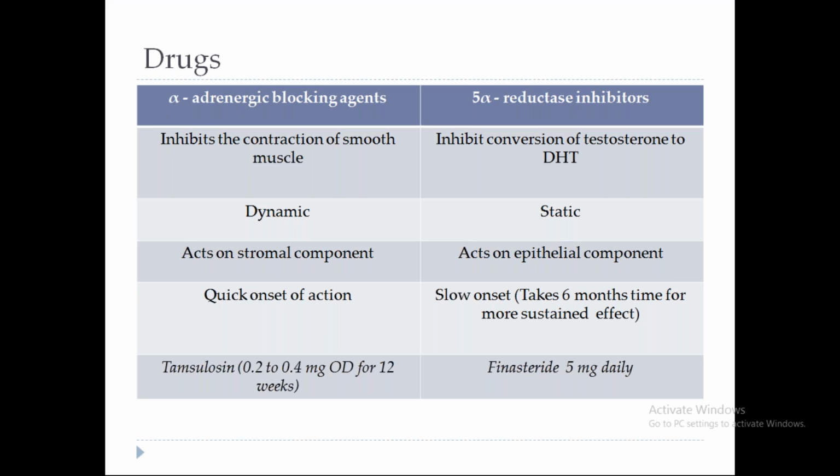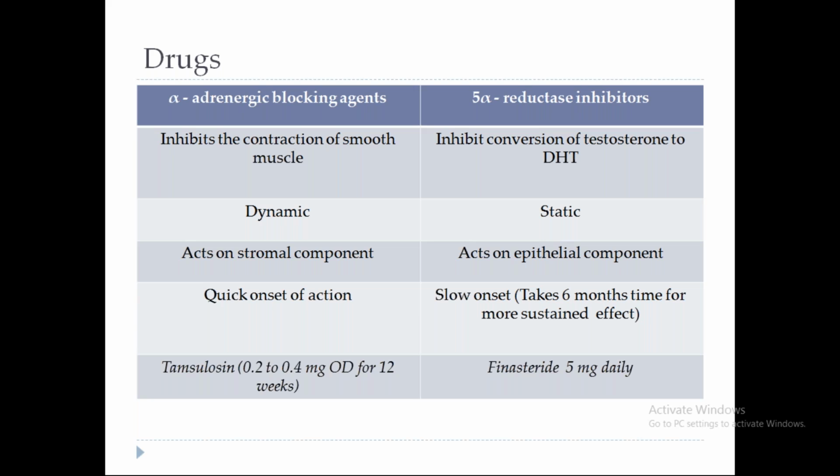Alpha adrenergic blocking agents have a quick onset of action, for example tamsulosin, usually 0.2 to 0.4 mg OD for 12 weeks. 5-alpha reductase inhibitors are slow onset, taking 6 months for a more sustained effect: finasteride or dutasteride, 5 mg daily OD.